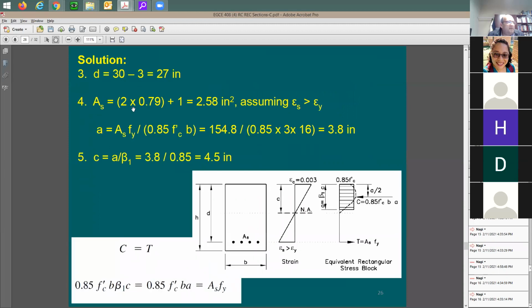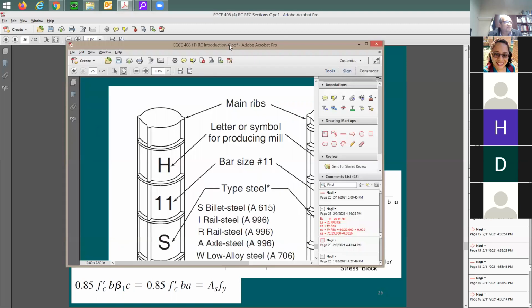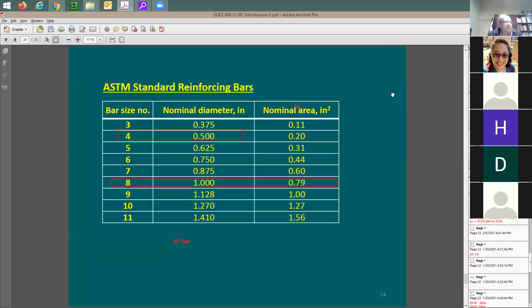It's going to be 2 number 8 plus 1 number 9. Cross-section area for number 9 is also 1 square inch. Here we go. You see here for number 9, 1 square inch. So I'm going to be right here in this range.